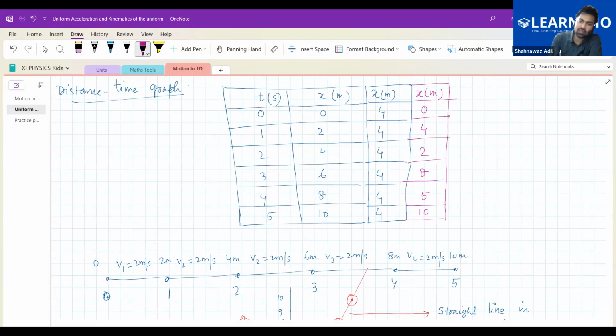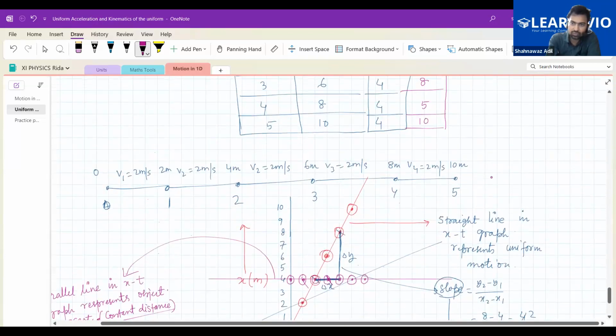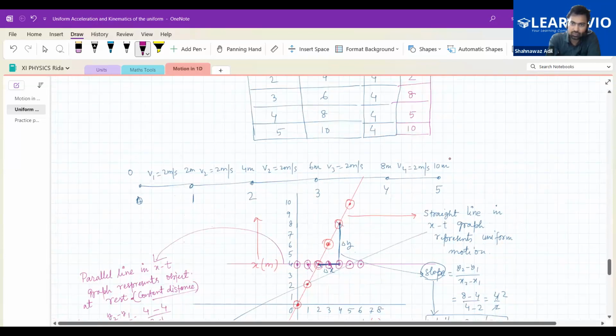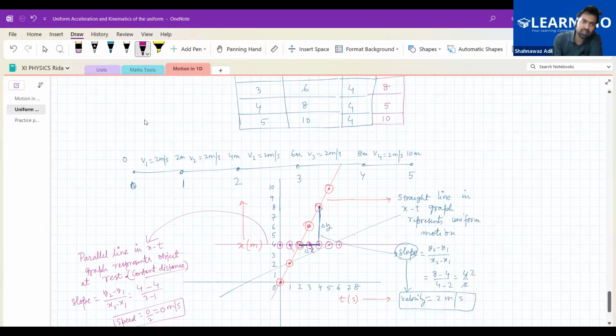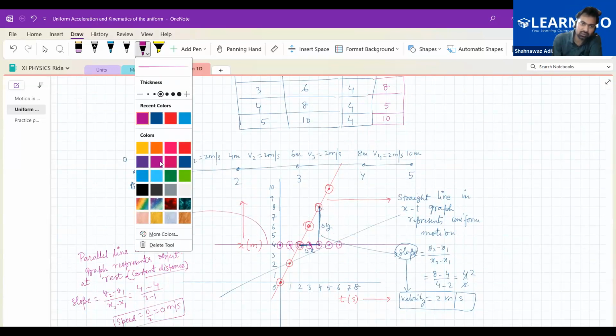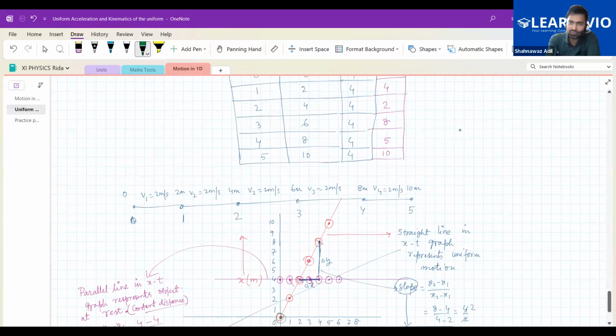Now let us draw this. The first point is 0, 0.